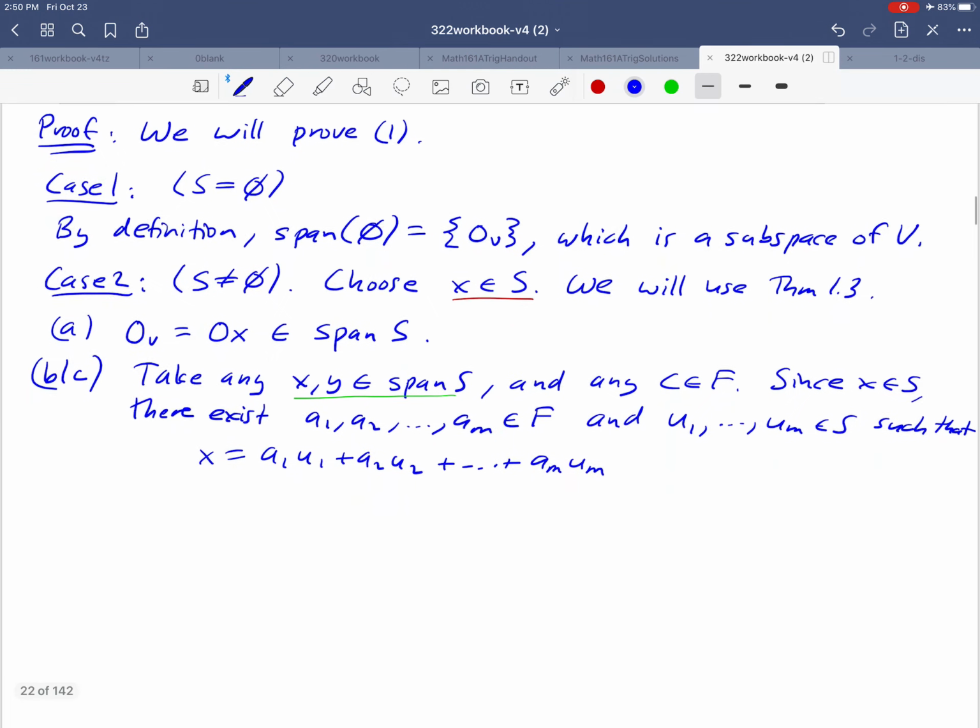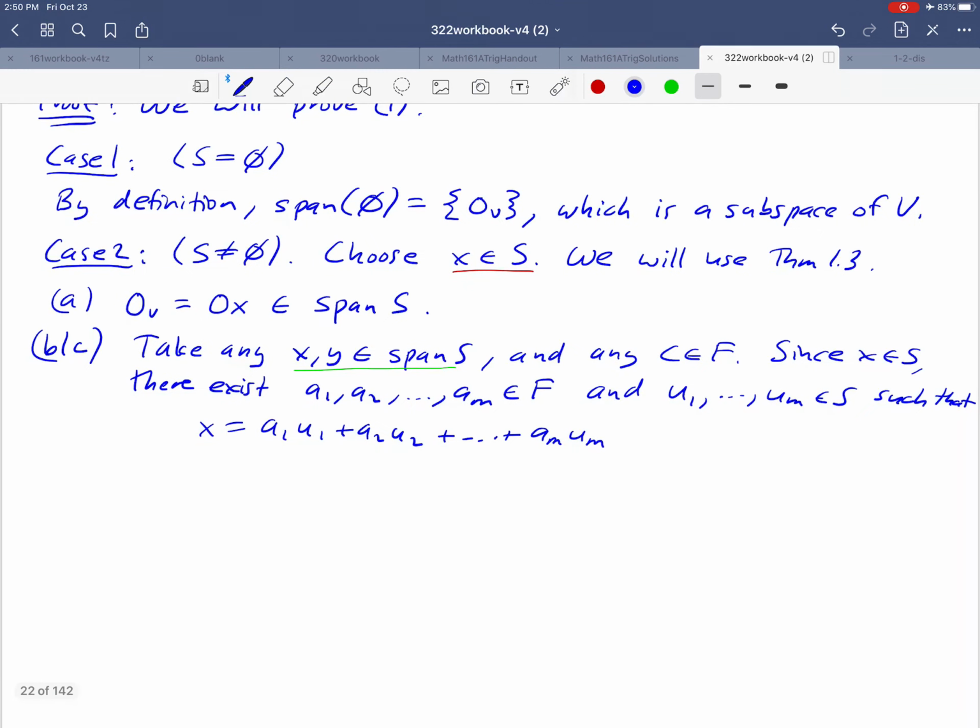That's just what it means to say that x is in the span. We can build it as a linear combination of some vectors from our bag S.